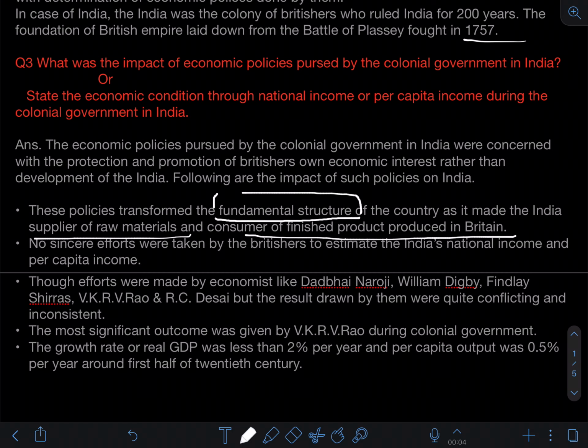But the Britishers came, they changed the entire scenario of the country. They made the country a supplier of raw material. And whenever any country is supplying raw material, that means automatically the industrial sector will reduce in that very country, because raw material is the lifeline for the industrial sector.